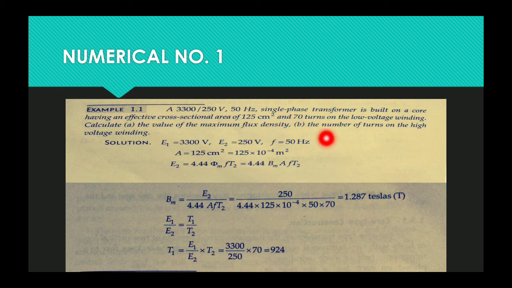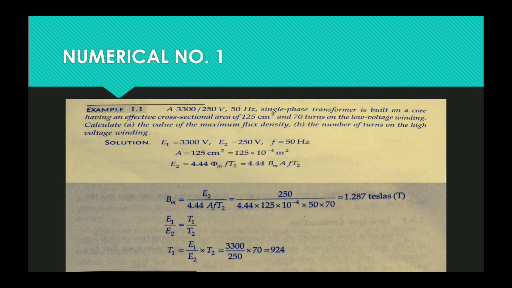And the second part of this math is we have to find out the number of turns on the high voltage side. We know that E1 by E2 equals to T1 by T2. So E1 is 3300 volt, E2 is 250 volt and T2 is here 70 number of turns.